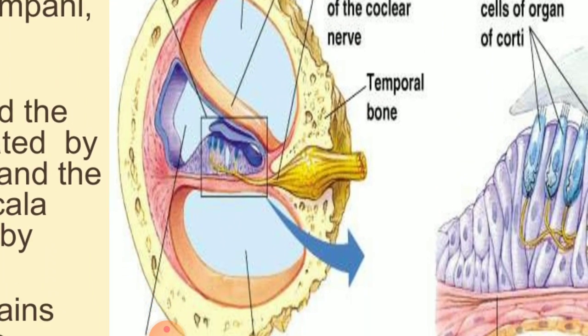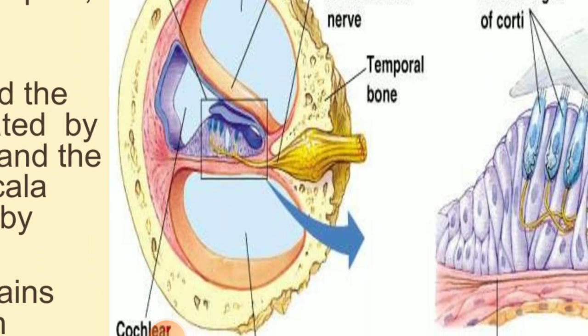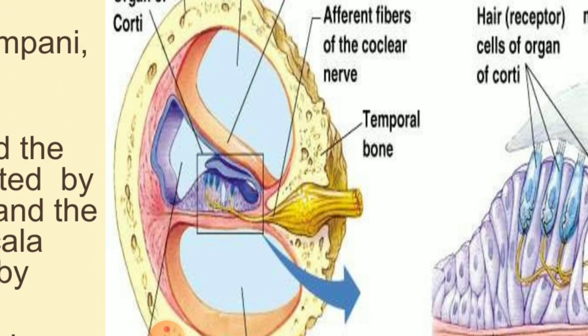The above channel is scala media and below it is scala tympani. And you are clearly seeing that within the scala media is the location of the hearing receptor organ, that is organ of Corti. There are membranous partitions between these three compartments.